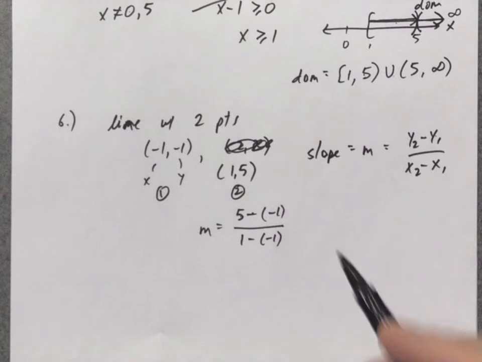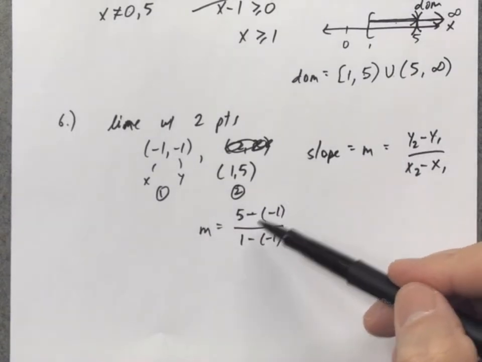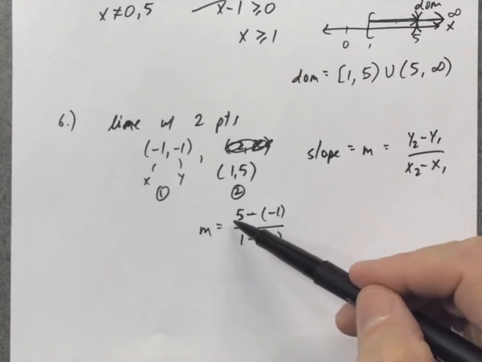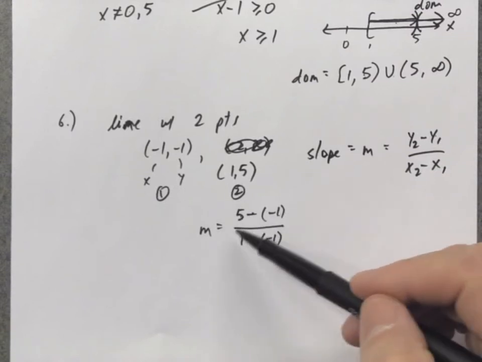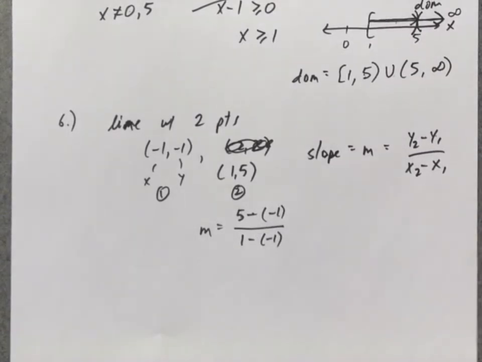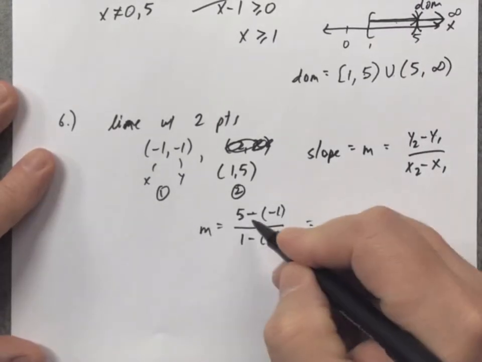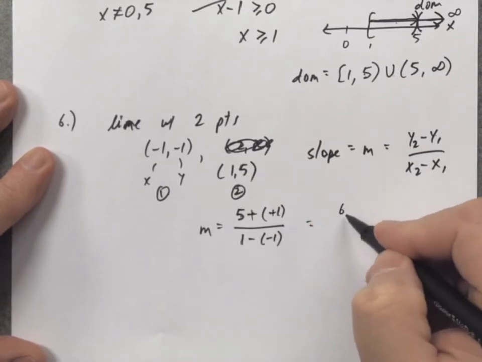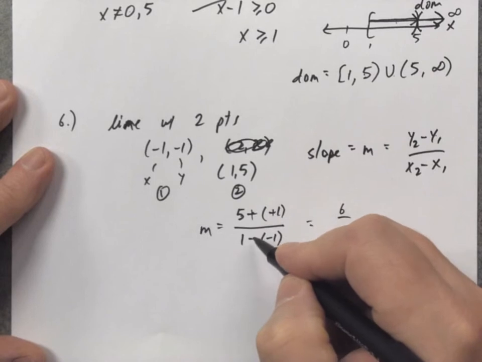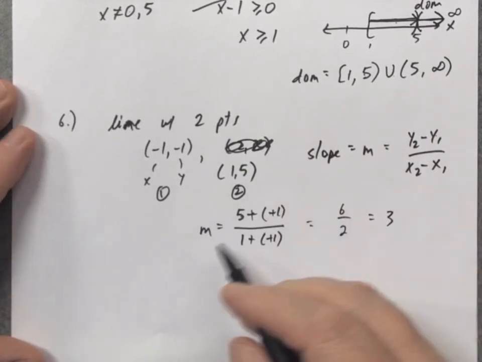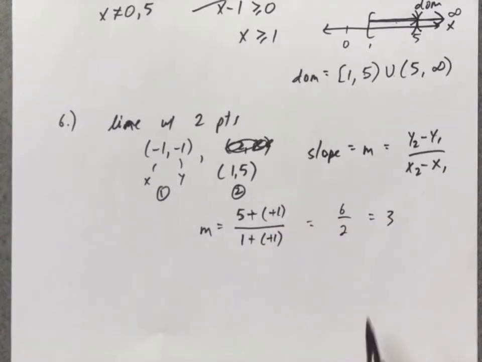So really, we're going to see in a little bit when we look at some graphs that this is a mathematical way of saying rise over run. Or how does the rise, the up and down, the value of y change, divided by the run, or how does x change? So mathematically, 5 subtract a negative 1, that's like 5 plus 1, so that's 6. 1 minus a negative 1, it's like 1 plus 1, that's 2. Looks like the slope of the line that goes through those points is 3.